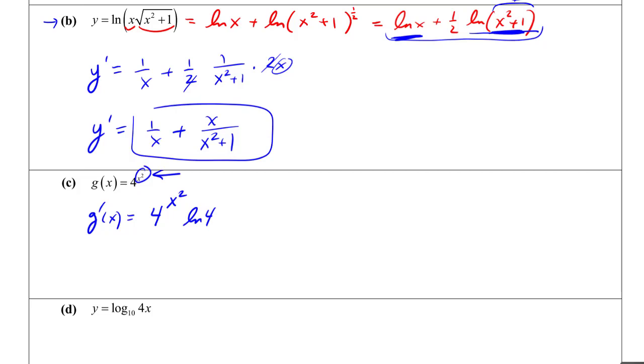And the chain rule says I have to then multiply by the derivative of x squared, so by 2x. So I end up with 2x ln 4 times 4 to the x squared. And there's not a lot I can do with that. Could mess around with the ln's and stuff like that, but that seems like a decent answer. Okay.